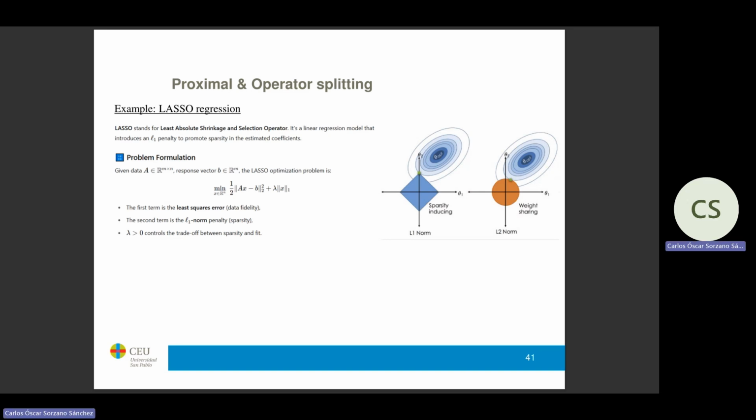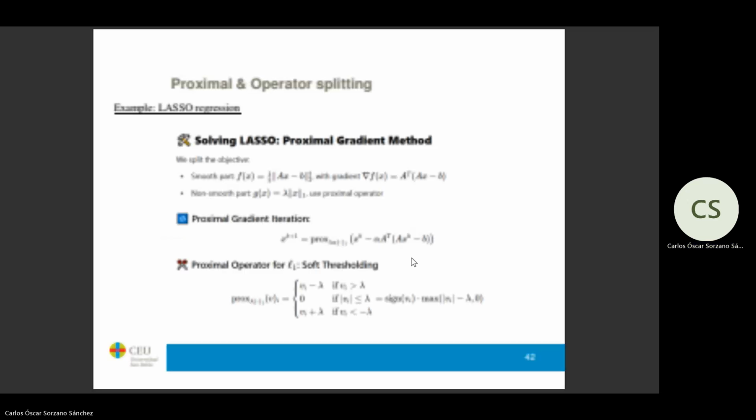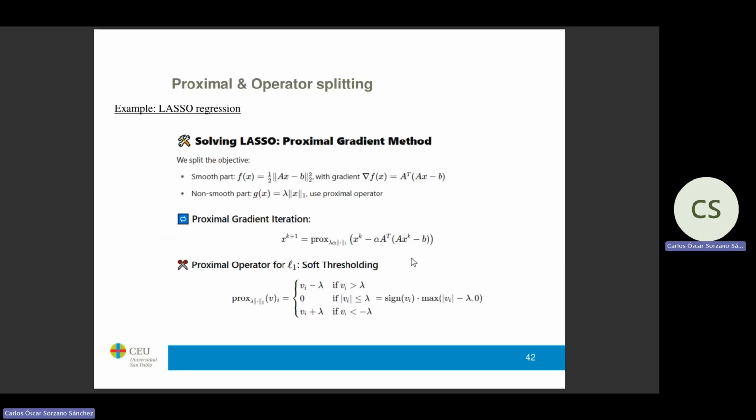Okay, so this is Lasso. And let's see how to solve this kind of problems. In this particular case, you have two parts: the data fidelity term and the penalization.